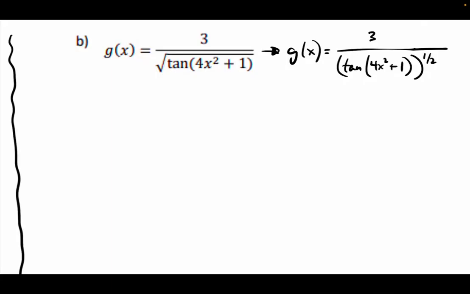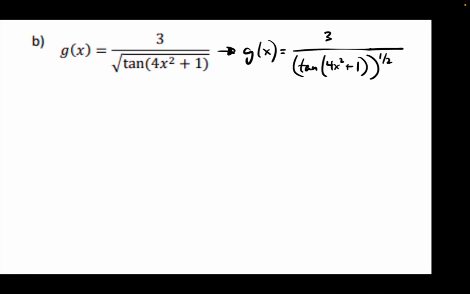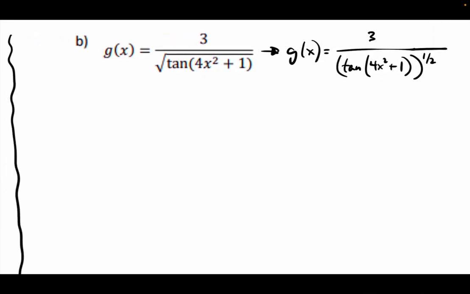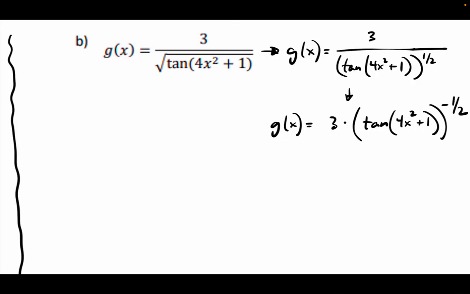The whole sucker is under the root. Now I got to move that up. 3 times tangent of 4x squared plus 1. And instead of 1/2, it's going to be negative 1/2.